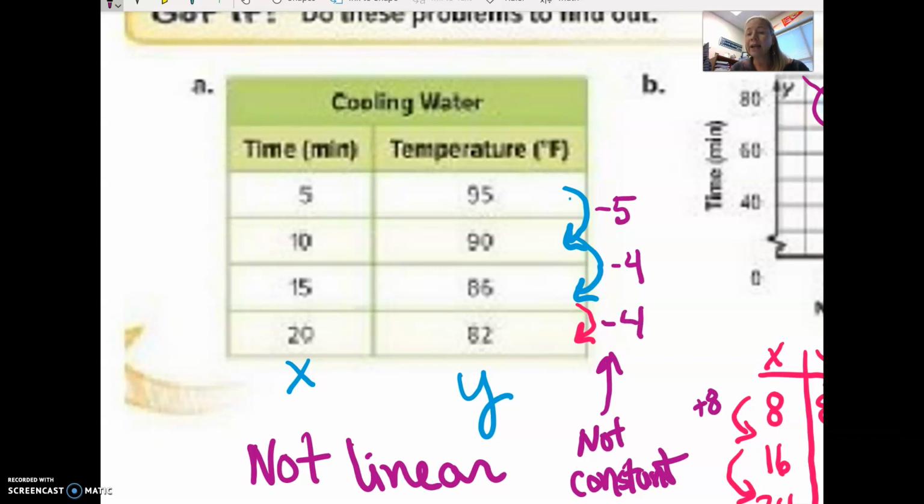So this is not a constant rate of change. It has to be the same every single time you look for that pattern. So since this is not constant, we would say that this is not a linear relationship. That means we do not have to look for a rate of change because it is not linear.